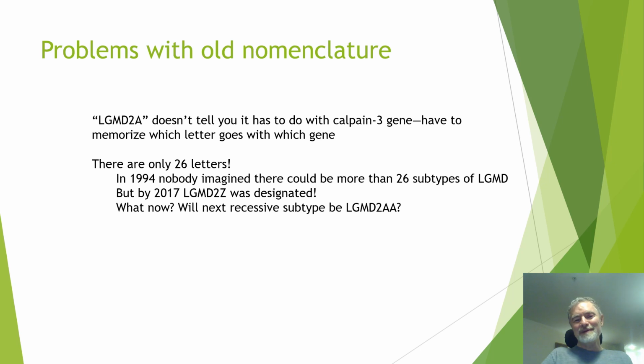You'd gone through LGMD2Z. Okay, well, now we have a problem. So are we going to call the next recessive subtype LGMD2AA, which would normally be the convention, but that wouldn't have anything to do at all with LGMD2A. And among the medical community, no one really liked that.